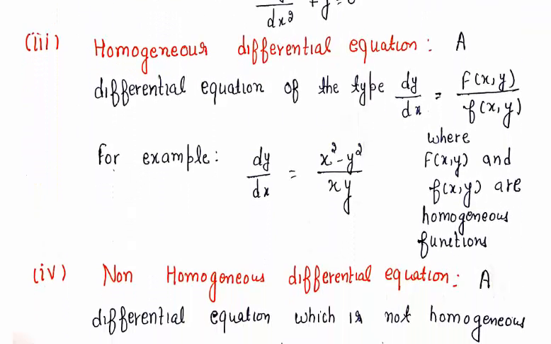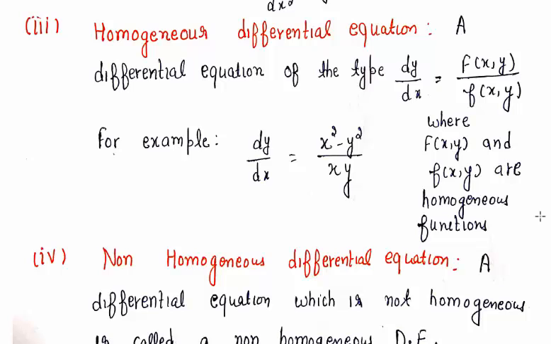Now we discuss homogeneous differential equation. A differential equation of the form dy over dx equals F of xy over f of xy is known as a homogeneous differential equation, but the condition is that the functions F of xy and f of xy are homogeneous functions.